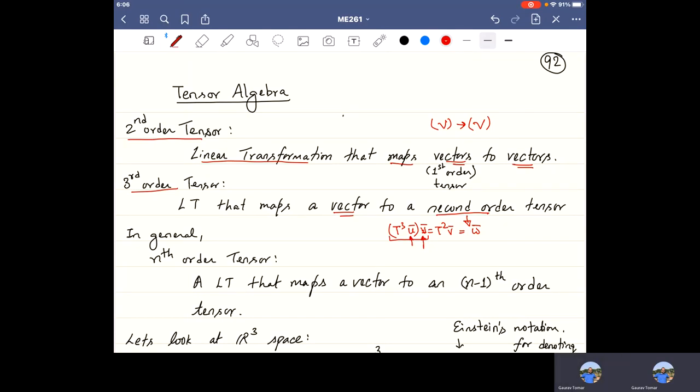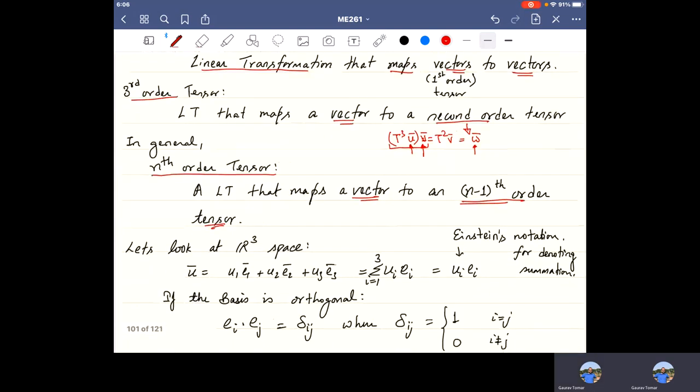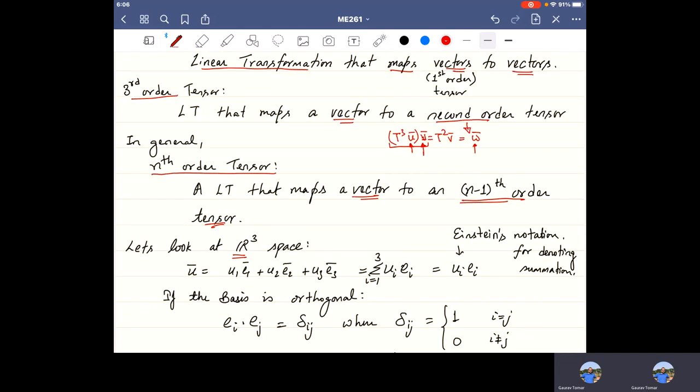So in general, an nth order tensor would map a vector to an (n minus 1)th order tensor.